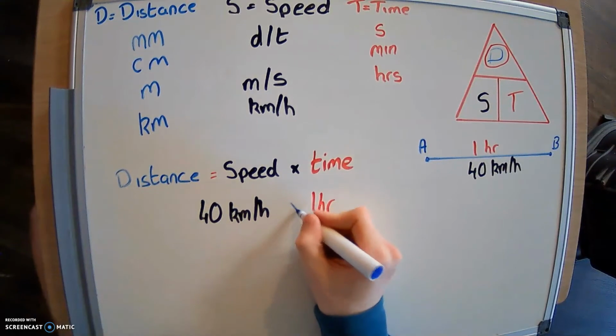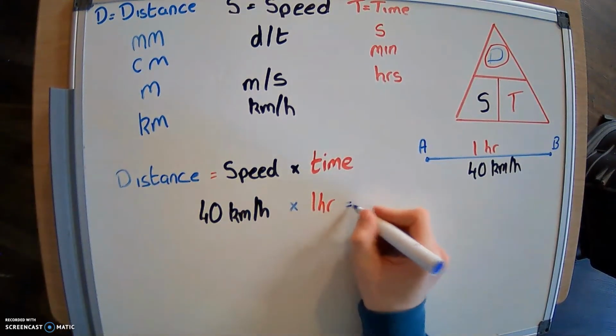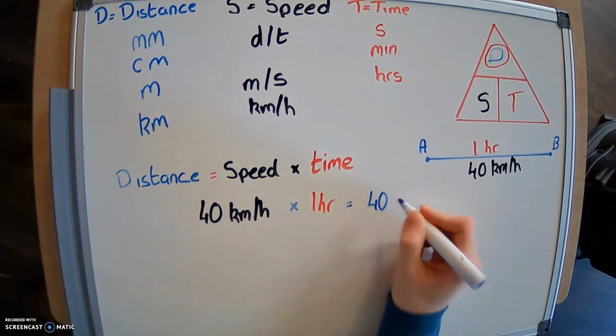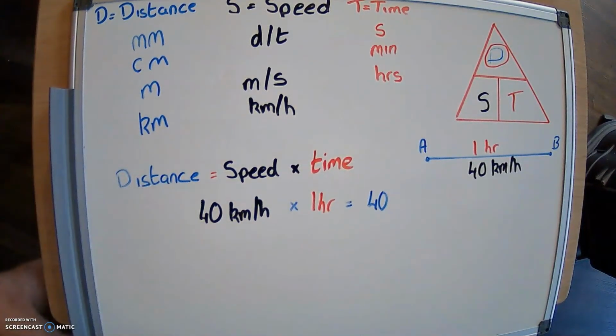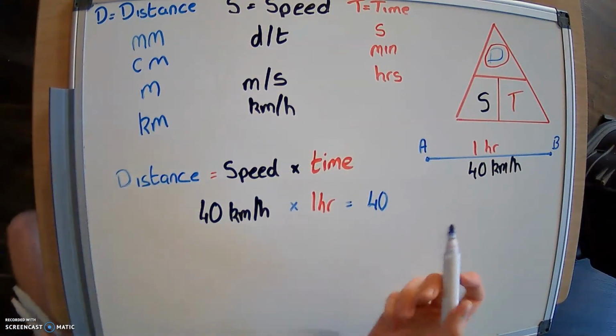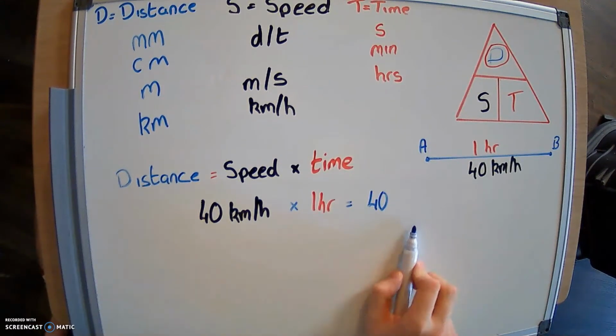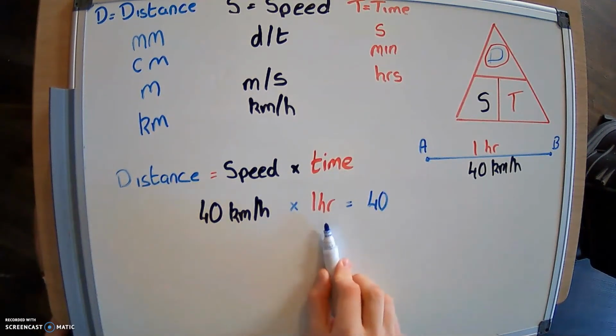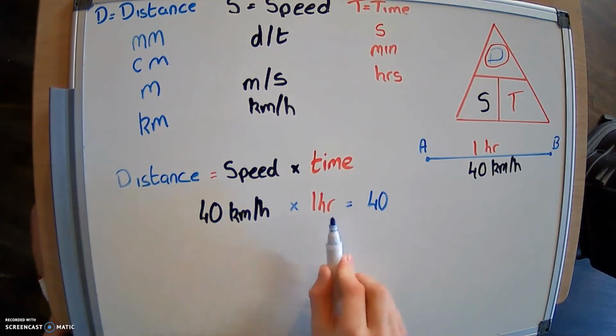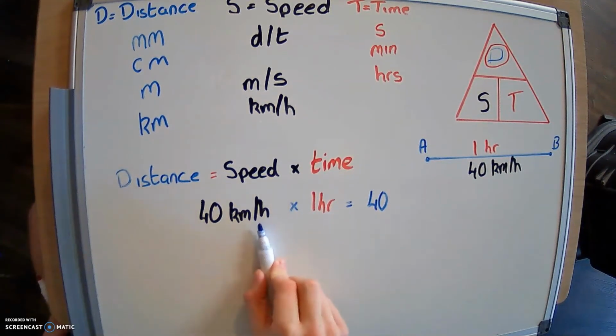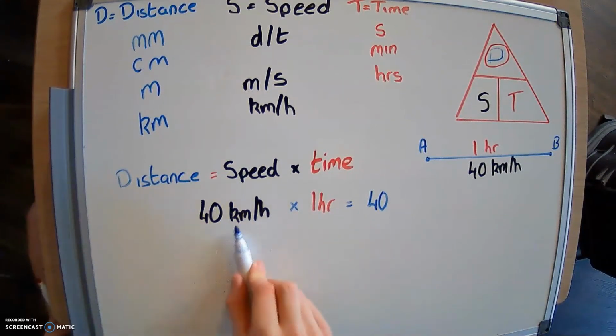So, we know distance is multiplied, that's going to be equal to 40. And a good trick that I have learned is you're always going to have 2 units of time and 2 units of distance. And they're always going to be the same unit of time and the same unit of distance. So here, as you can see, we have an hour and we have an hour. So that's our 2 units of time done.